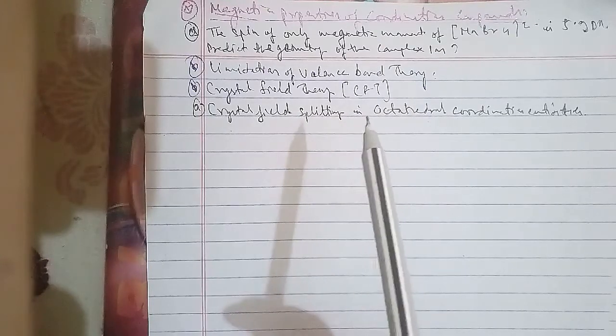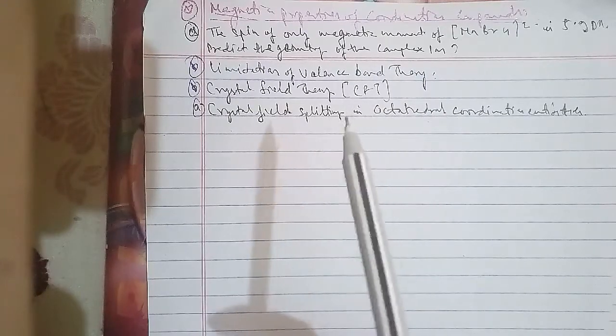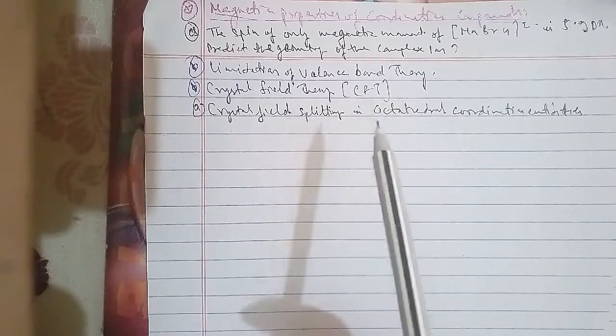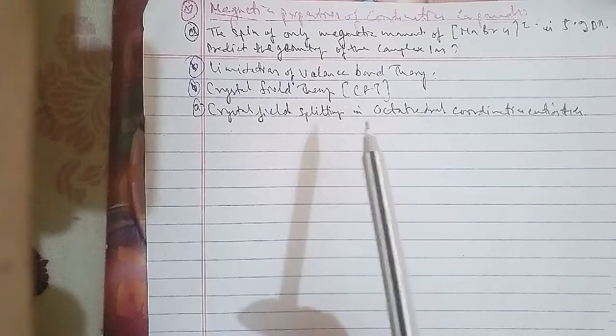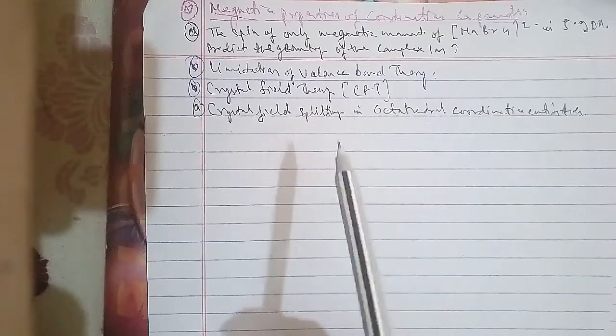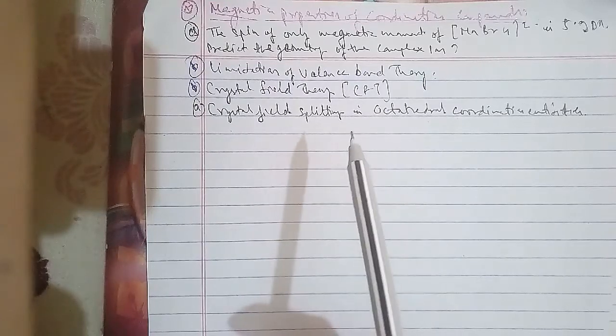Thus the degeneracy of the d orbitals has been removed due to ligand electron and metal electron repulsion in the octahedral complexes to yield 3 orbitals of lower energy, the t2g set, and 2 orbitals of higher energy, the eg set.